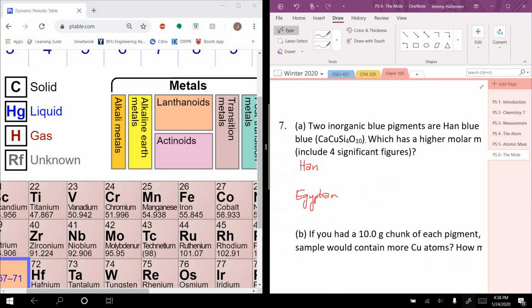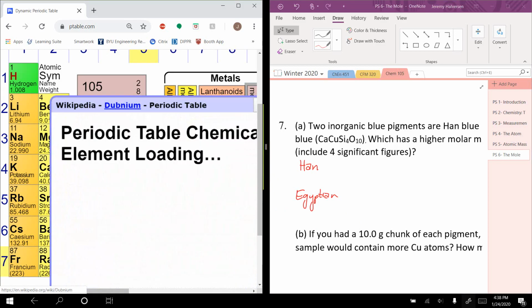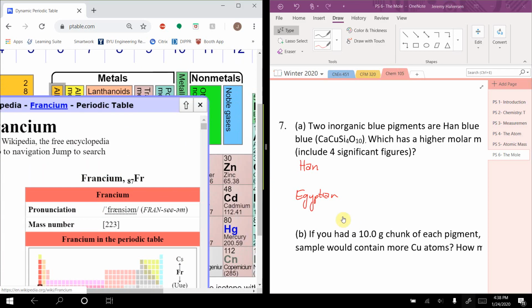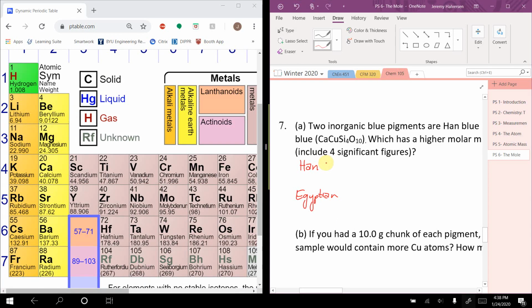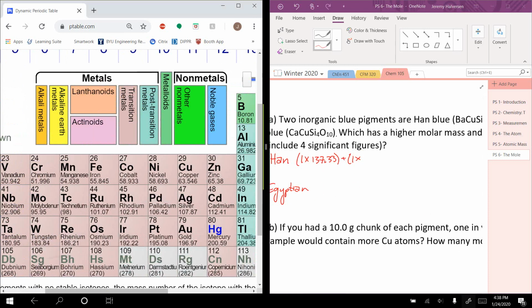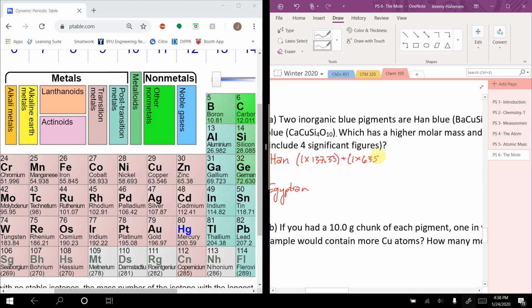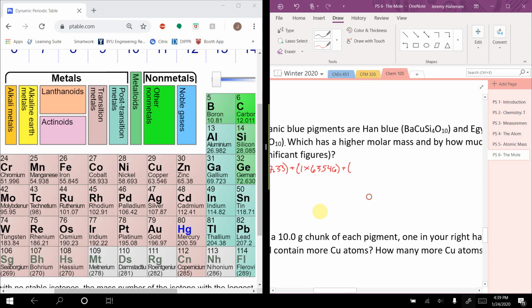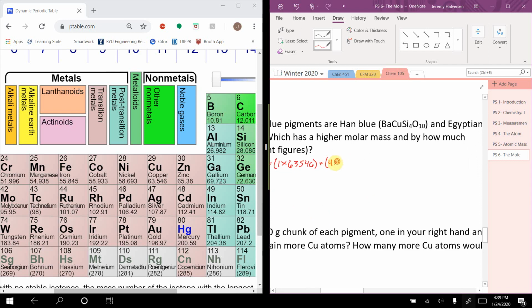So Han blue is going to be barium, copper, silicon, and oxygen.